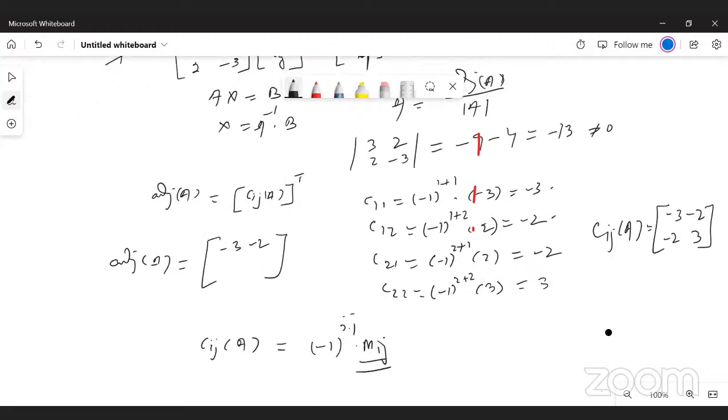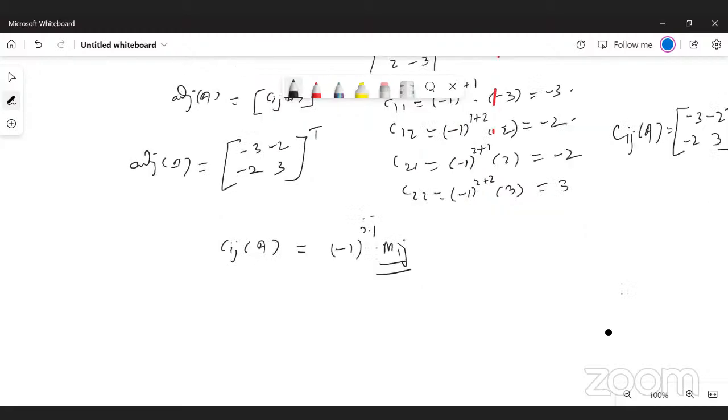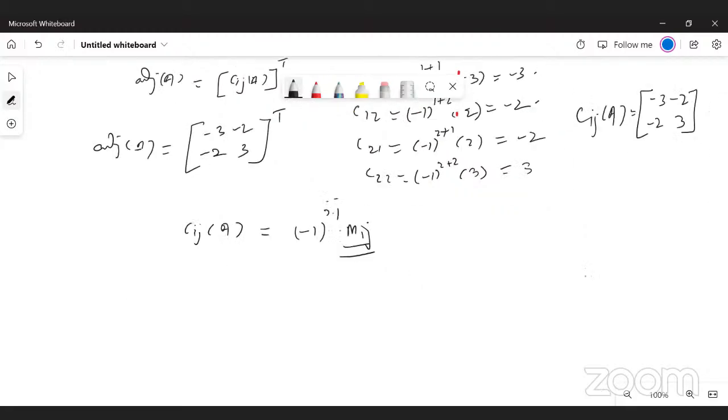Then after that it is 3, -2 and 3, -2 and 3 here. We take the transpose. While you take into account the transpose, then adjoint of A becomes -3, -2, again the same, because rows and columns are interchanged and the result remains the same. Then comes the inverse.